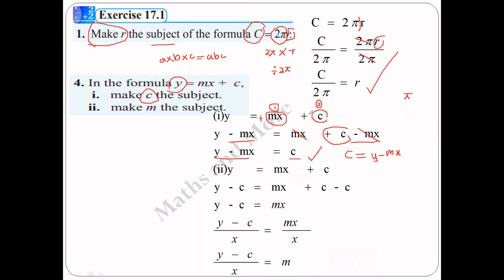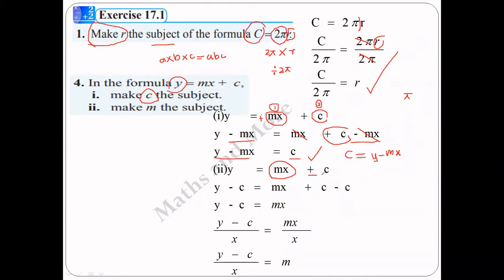In the earlier step, we removed mx by subtracting mx. But now we want to keep m on the right hand side, so you should not subtract mx. What you have to subtract is c.